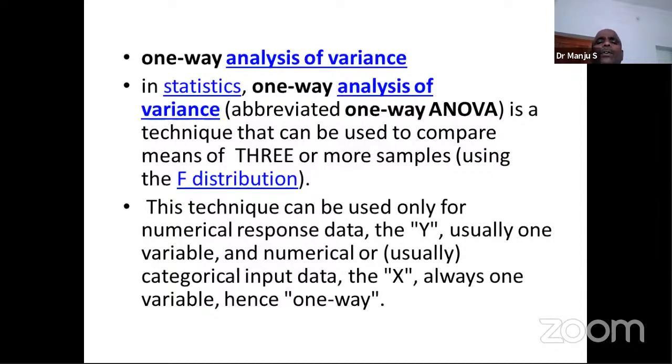Then you can use this ANOVA test. Or experience: let us say 5 to 10 years, 10 to 20 years, 20 to 30 years, 30 to 40 years of experience. Like that, we can use this kind of test.